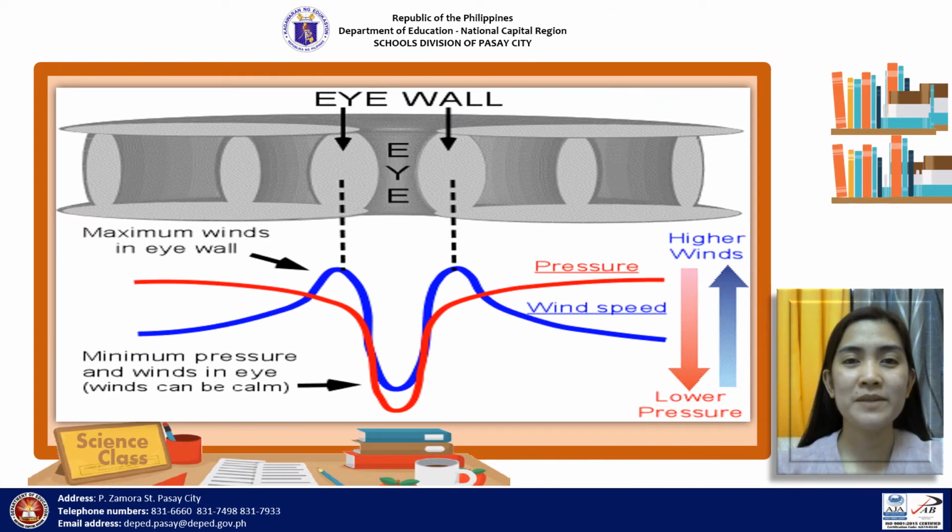To describe the wind speed and air pressure in the different parts of the typhoon, keep your eyes on the eye of the typhoon. Can you describe the air pressure in the eye of the typhoon? Yes, you are correct. The air pressure is lowest at the eye, and this is the reason why the surrounding air blows toward the eye.